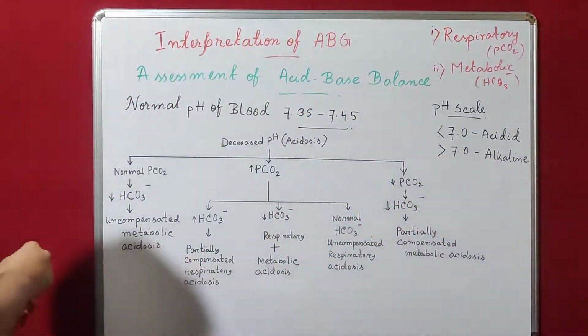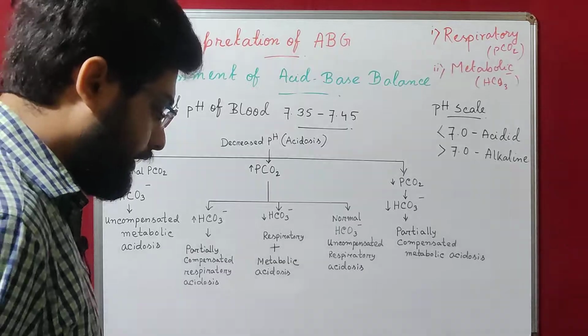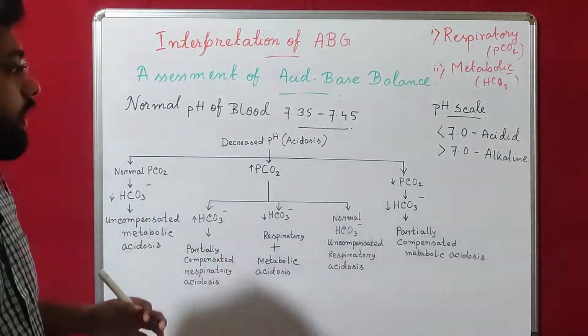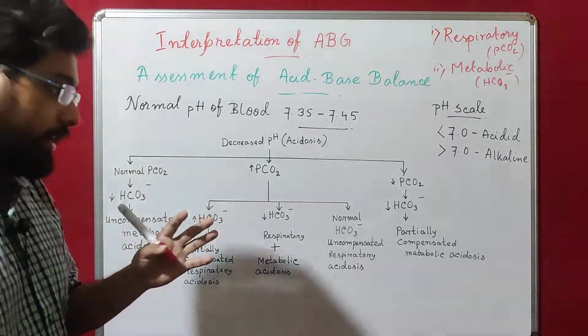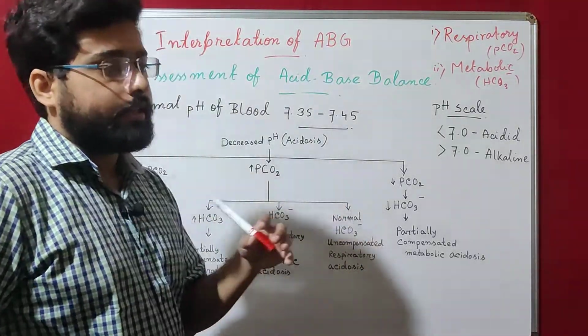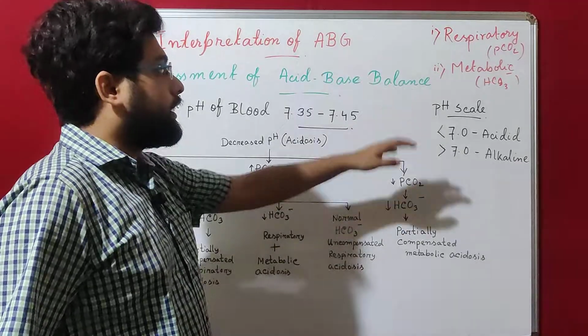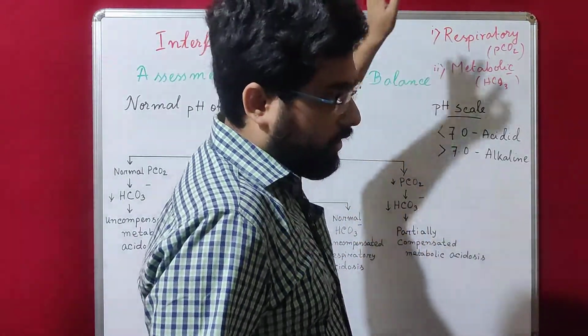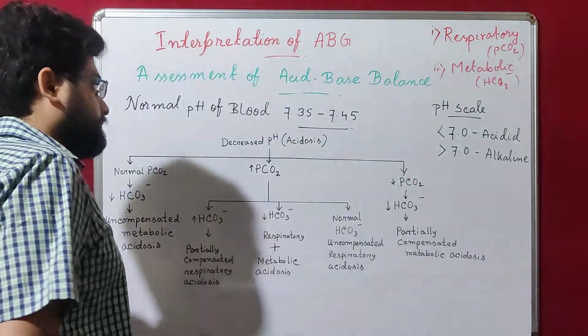So let's see how to determine if the patient is in acidosis or alkalosis, and if so, what is the type, that is, whether it is due to a respiratory cause or a metabolic cause.